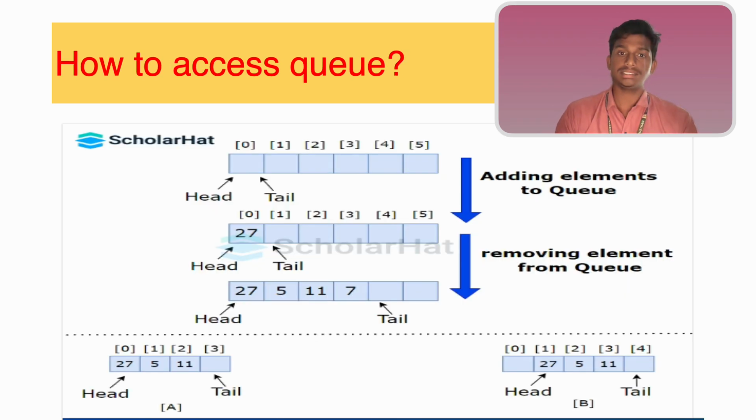How to access the elements in the queue. Let us consider this array as a queue. Here the first element which we are adding is considered to be the head, and the last element which we are adding is considered to be the tail.